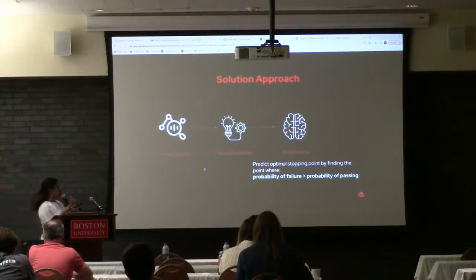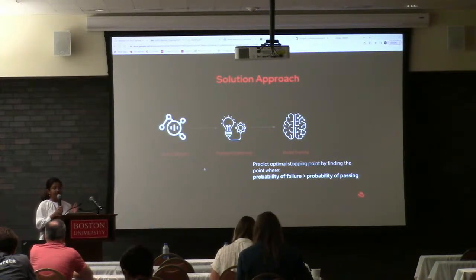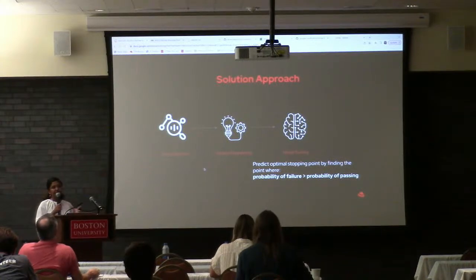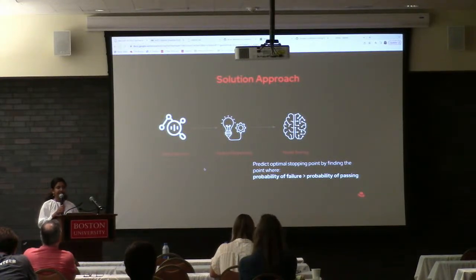And once we figure out that distribution and figure out that the probability of failure is greater than the probability of passing, we define that particular point in time as our optimal stopping point. You get these points by plotting something we call probability density plots.